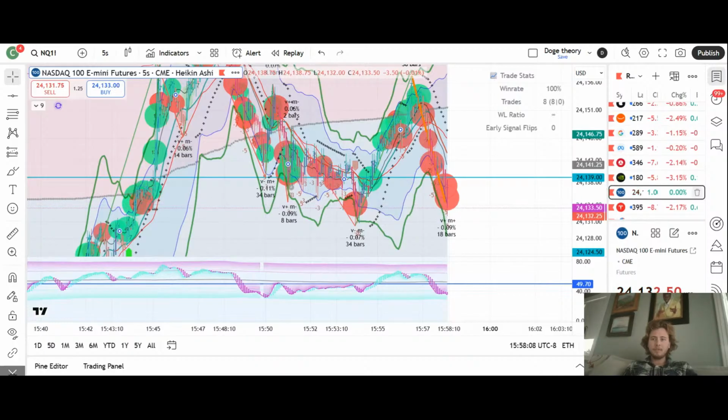Wait, what? We would have made it if we went short. Now we're having a little problem. Doesn't breach right now the 128 mark.